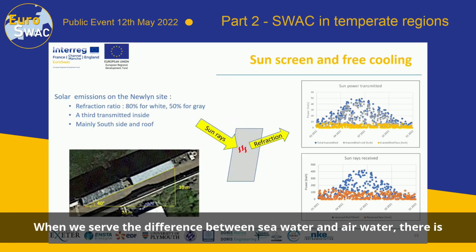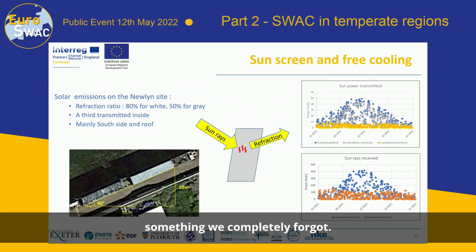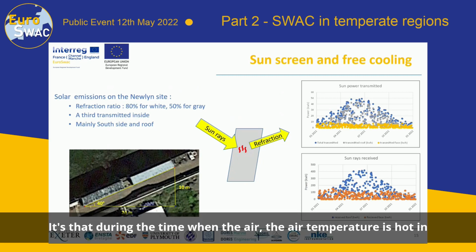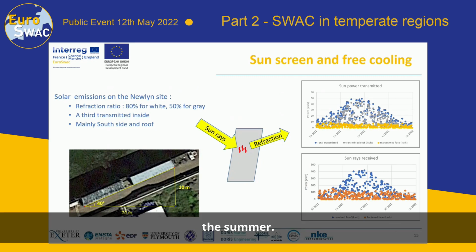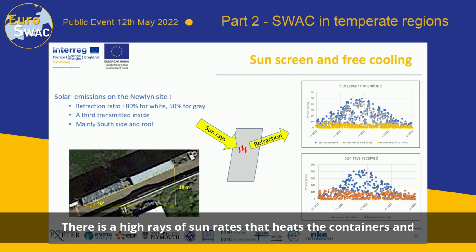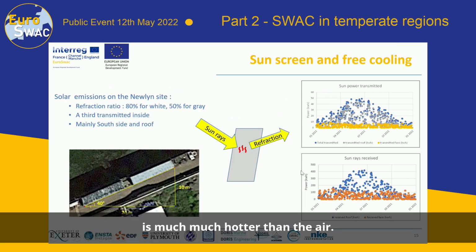When we saw the difference between seawater and air water, there is something we completely forgot. It's that during the time where the air temperature is hot in the summer, there is a high rate of sun rays that heat the containers, and therefore the surface of the container is much hotter than the air.